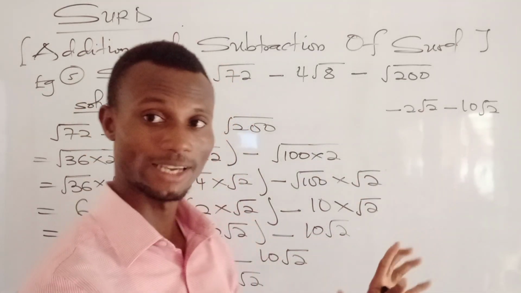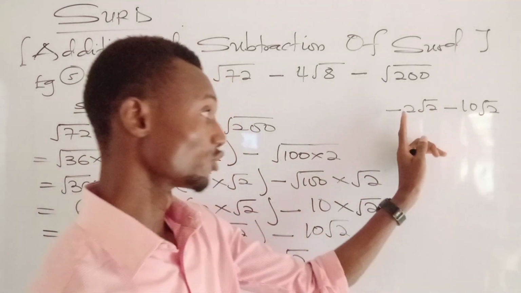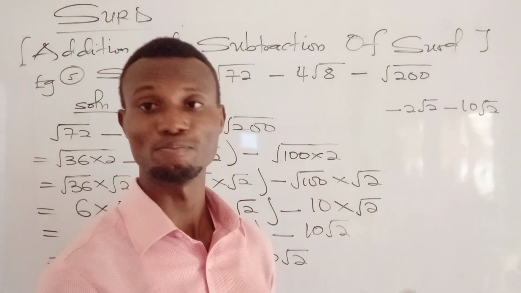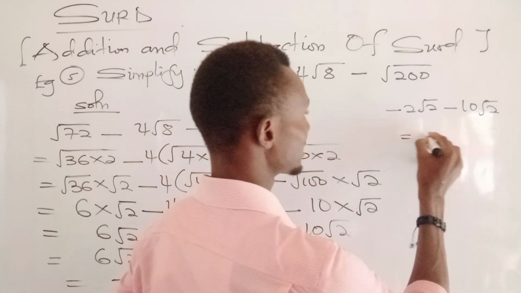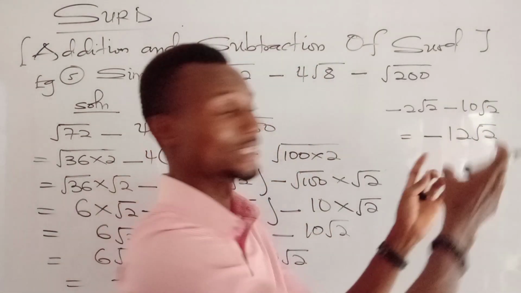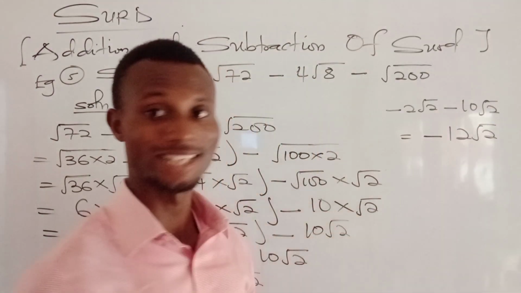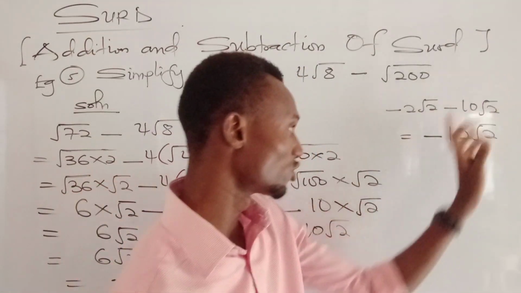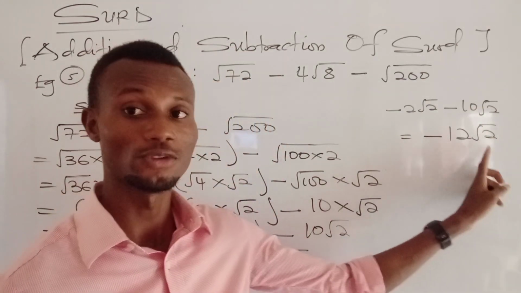So again, the same process, we deal with the coefficient. So it's going to be minus 2 minus 10. Minus 2 minus 10 gives minus 12. So we are going to get minus 12 root 2. You deal with the coefficient and just take one of the root 2 and attach it. So minus 2 root 2 minus 10 root 2 is going to give us minus 12 root 2.